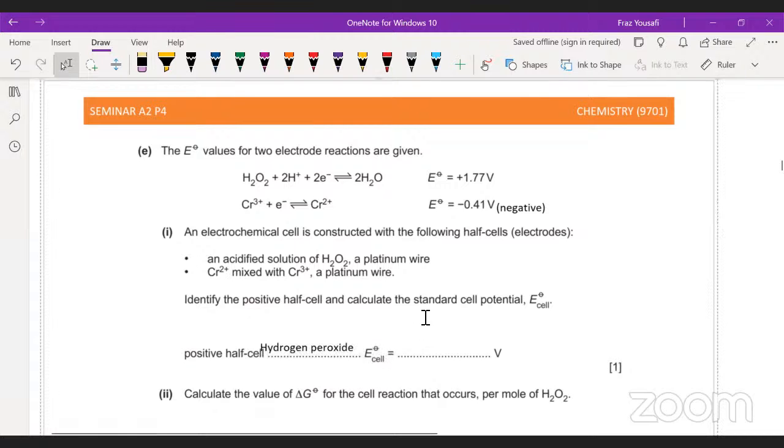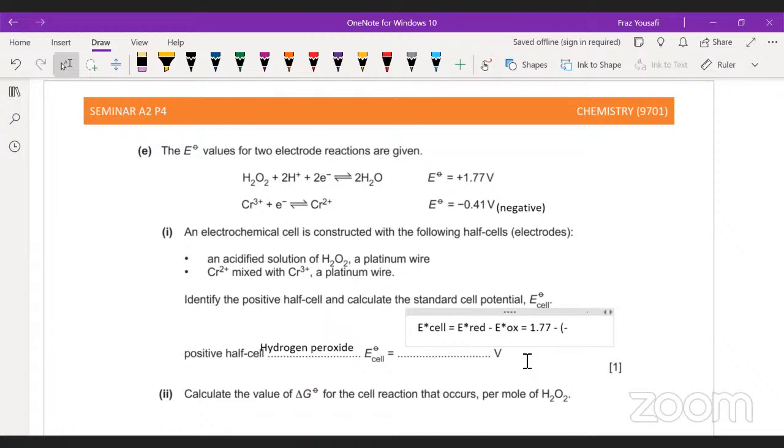And the E naught cell can simply be solved out in one way. The best way to remember how to solve out the E naught cell is to remember this formula: E naught reduction minus E naught oxidation. The reduction is, again, the more positive E naught value. The oxidation is the more negative E naught value.